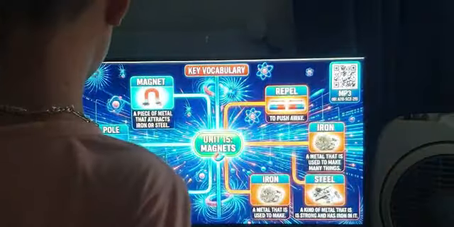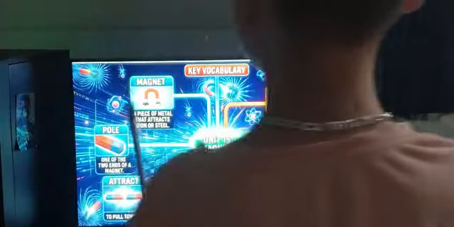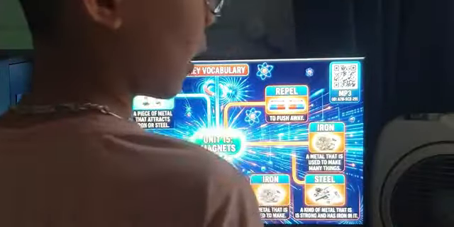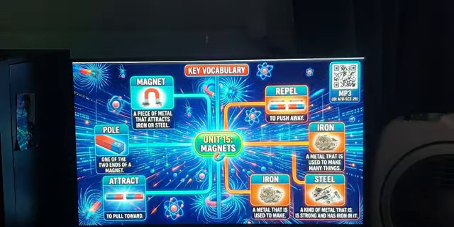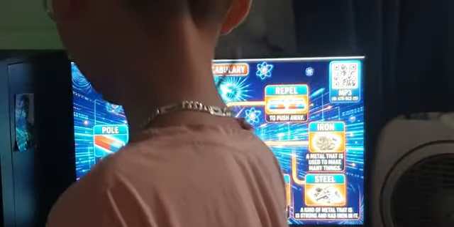Now go to beginner 2, pole. What is the pole? The pole is one of the two ends of a magnet. This is an end of the magnet. S and N are about south and north.